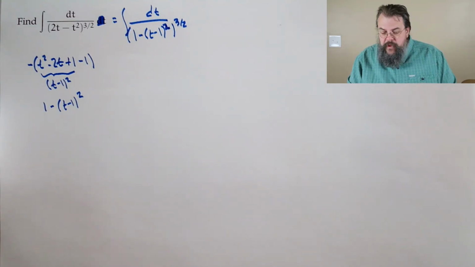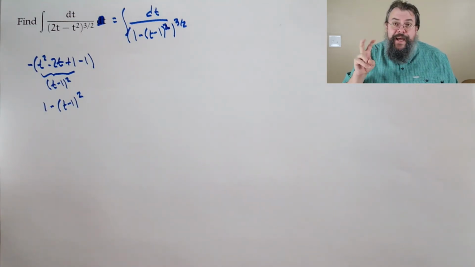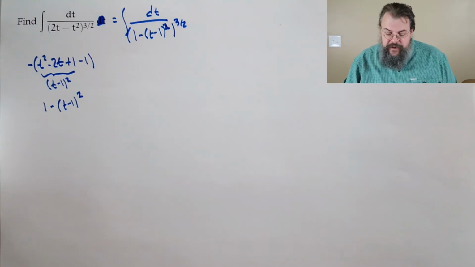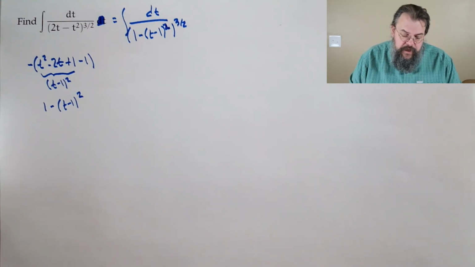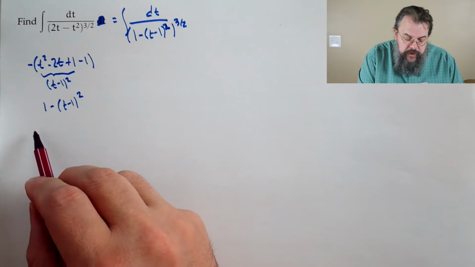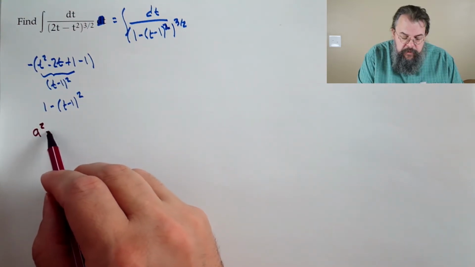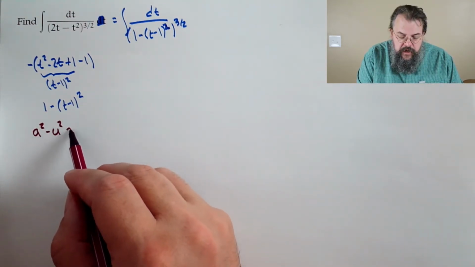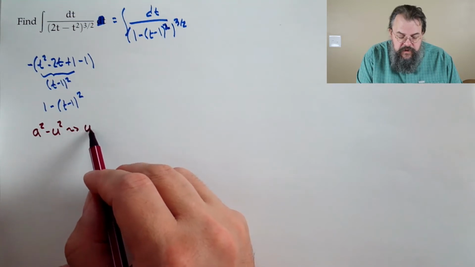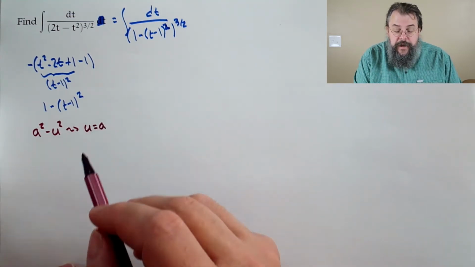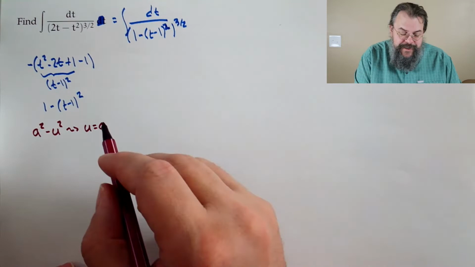Okay, well, so what's the correct substitution to be making here? Well, in our case, we say, all right, it's an a squared minus u squared. All right, well, we've seen this a lot today. Well, not surprising, there aren't that many variations, right?